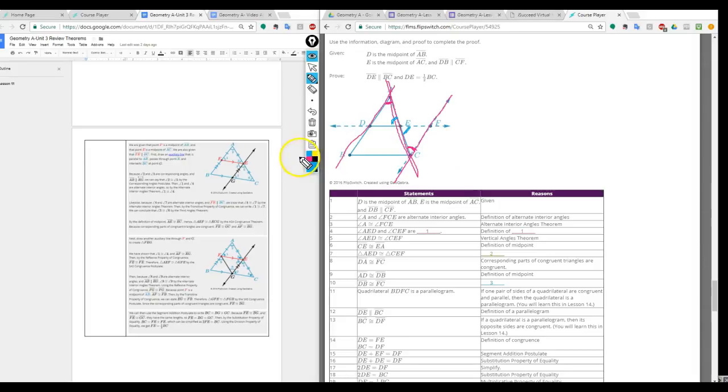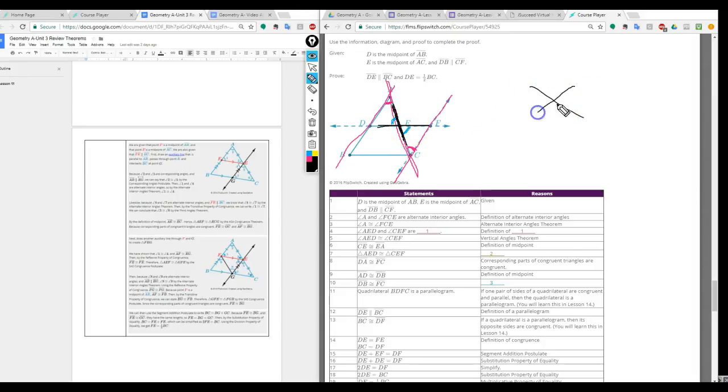They are going to be vertical angles, and the reason I know that is because we have an X right here, and in this X, angle AED is across from angle CEF. And that's how I identify vertical angles.